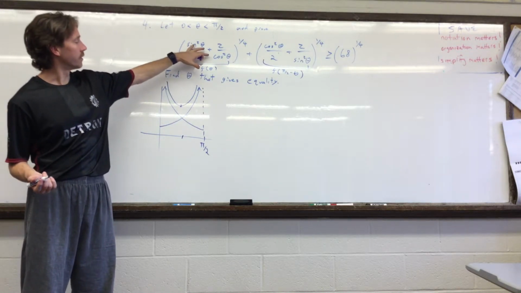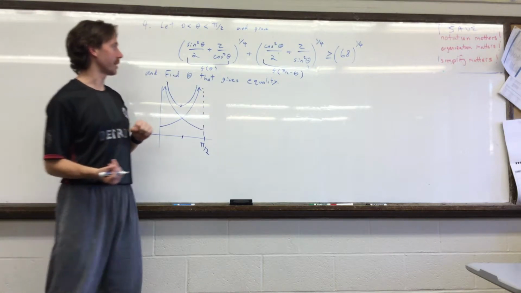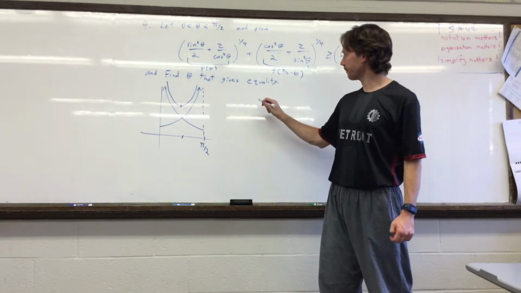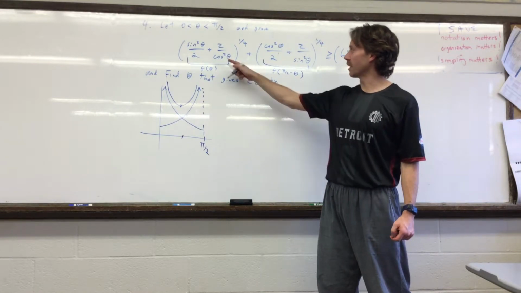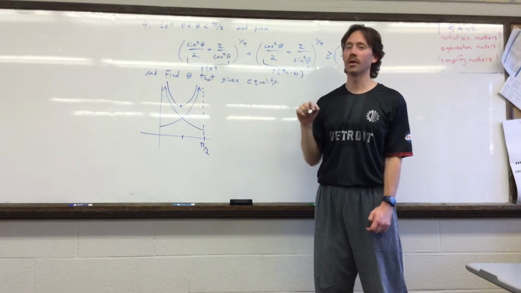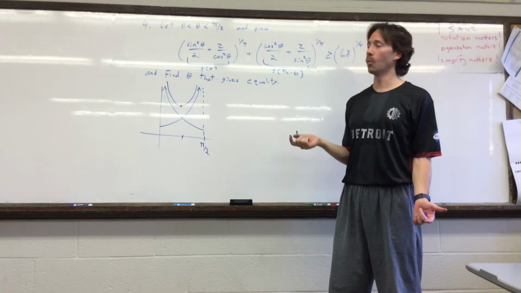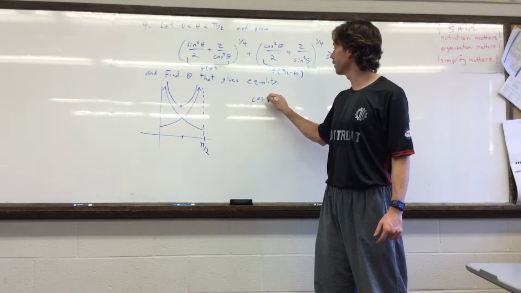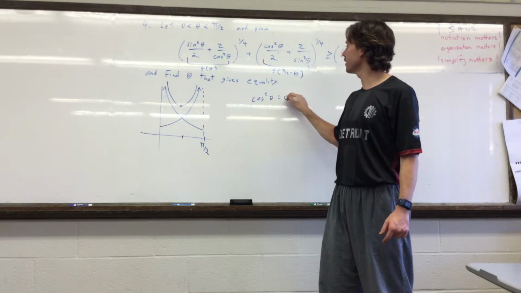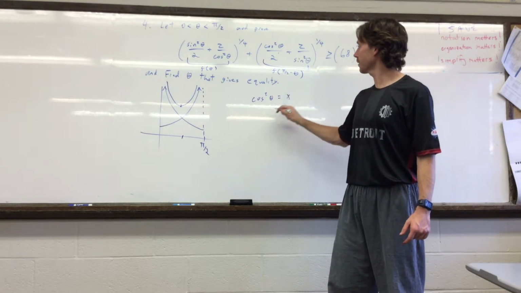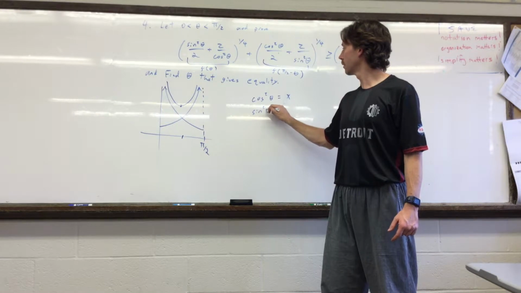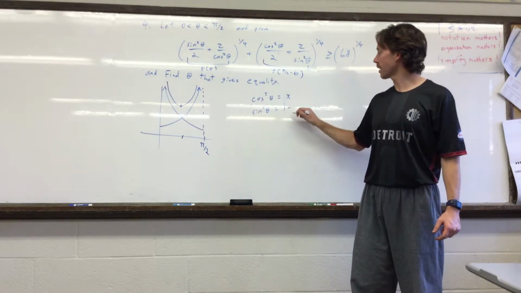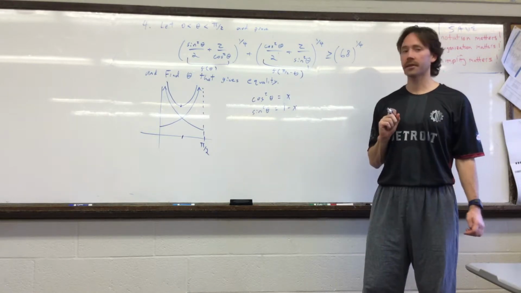Okay, so the trigonometry functions are a little bit complicated, so one thing that we want to do is realize that sine and cosine are going to be somewhere between 0 and 1, and if we make this kind of transformation, like cosine squared theta equals x, then because sine squared plus cosine squared is 1, sine squared theta is going to be just 1 minus x.